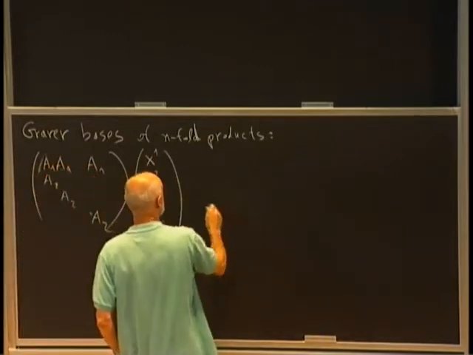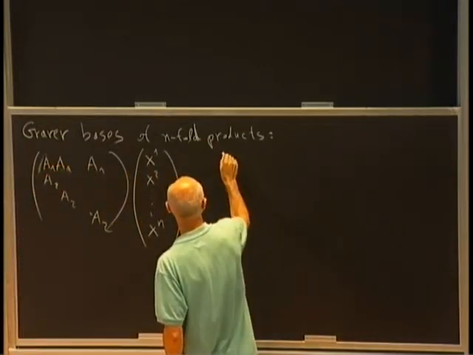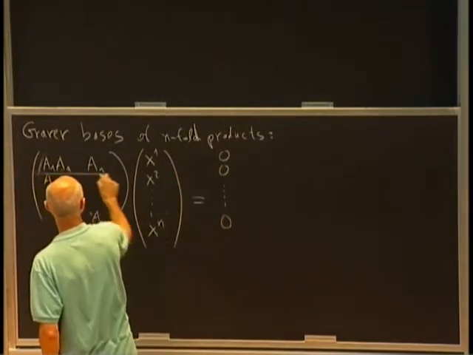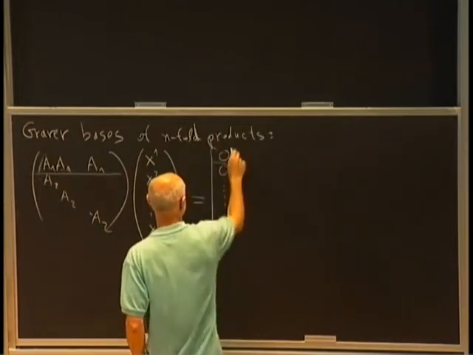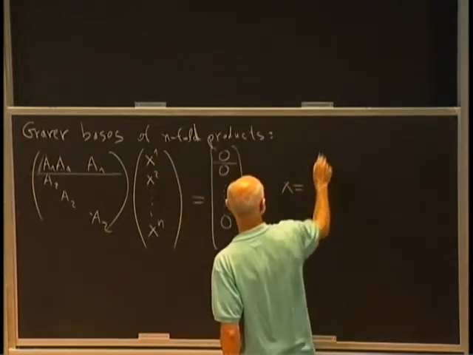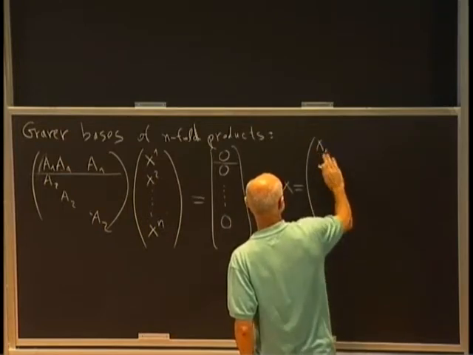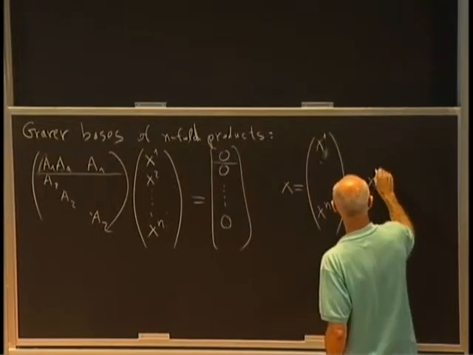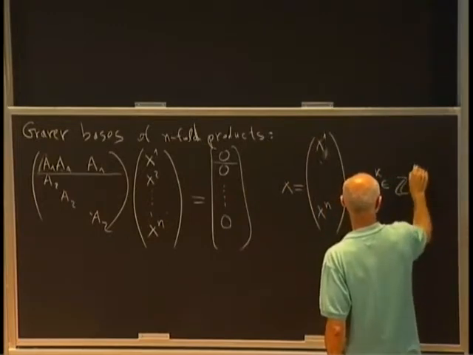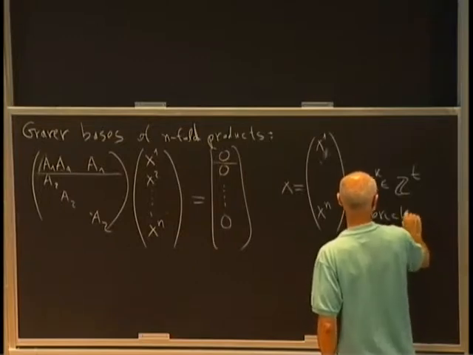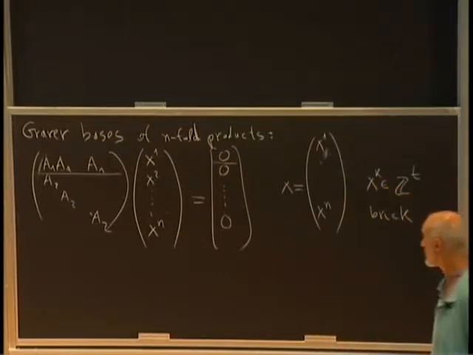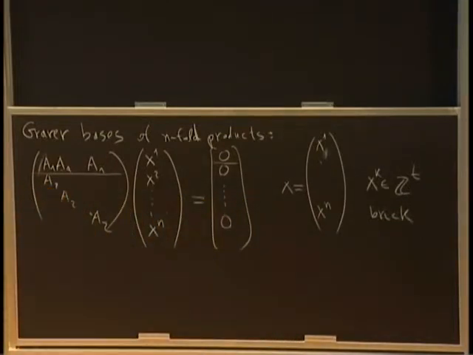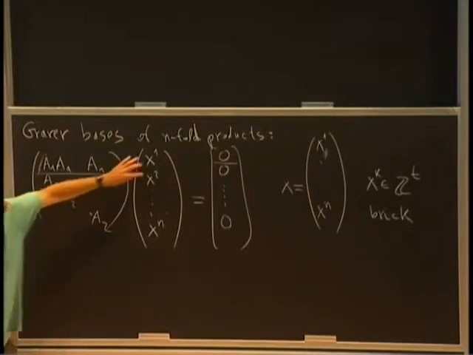So we want this to be 0. Let me emphasize the different blocks here. The vector of variables x is this vector, and each x_k is a block, a brick, of size t. This encodes these equations: you get this brick times this one.